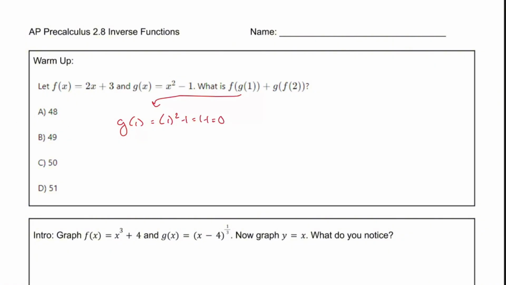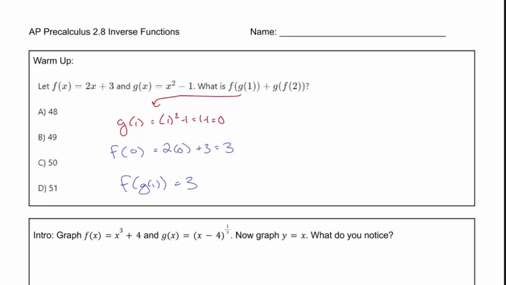So f of g of 1 means I now need f of 0. That's 2 times 0 plus 3, which is 3. So f of g of 1 is 3.